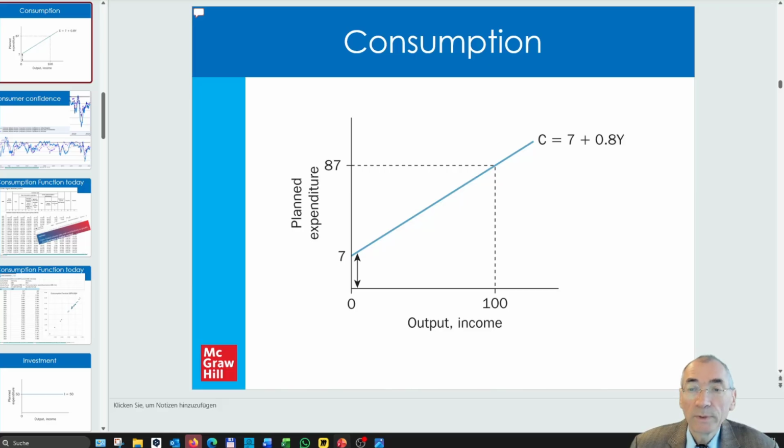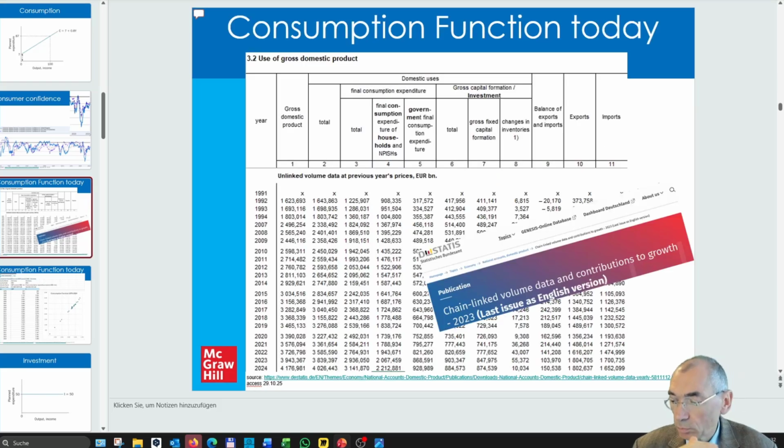And in fact, we do have this data. We already looked at the data, for example, from the Statistical Bureau, Destatis in Germany. They publish data, yearly data, quarterly data on the GDP. They also publish this data on consumption. And that, in fact, used to be the data source that we could rely on.